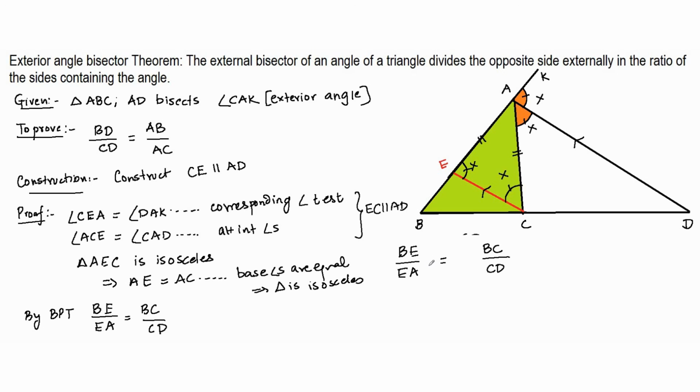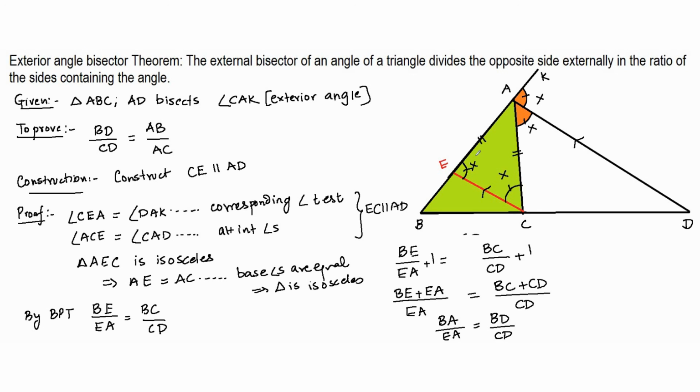Let me add 1 to both sides. So when I add 1 to both sides, after finding the LCM, I get BE plus EA upon EA is equal to BC plus CD upon CD, right? Now BE plus EA is going to be BA, so I get BA upon EA is equal to BC plus CD, which is BD, divided by CD.